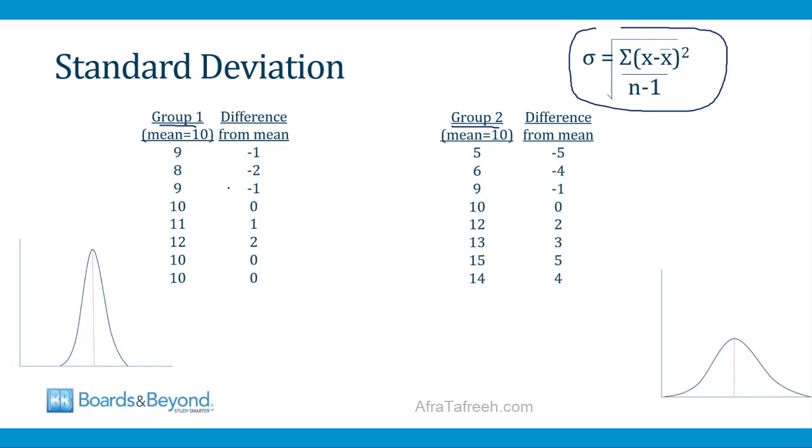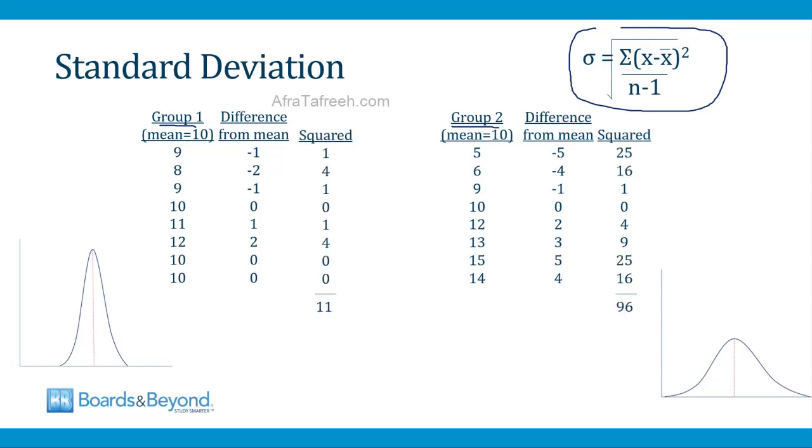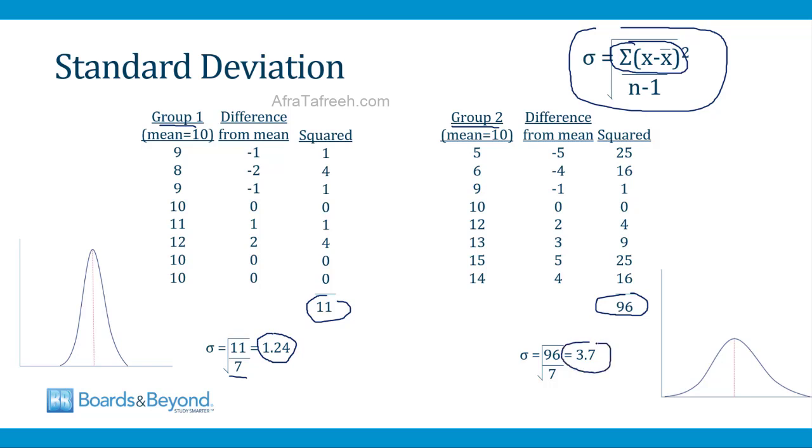Once we have those differences, we square them, and then we total that up, and that gives us the sum of all the x minus x means here squared. That works out to 11 for group 1 and 96 for group 2. We then divide that value by n minus 1, which is 7 for both groups, and we take the square root, and we get a standard deviation of 1.24 for group 1 and 3.7 for group 2.